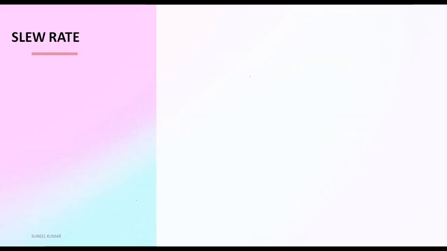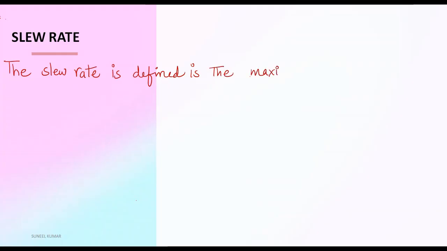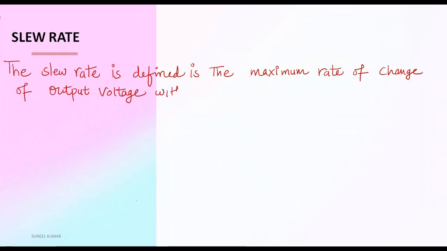So we can write here, the slew rate is defined as the maximum rate of change of output voltage with respect to time.